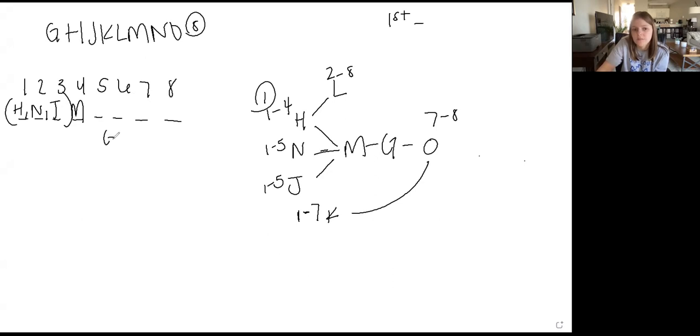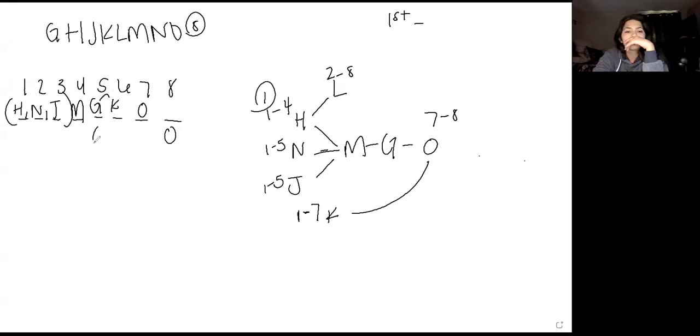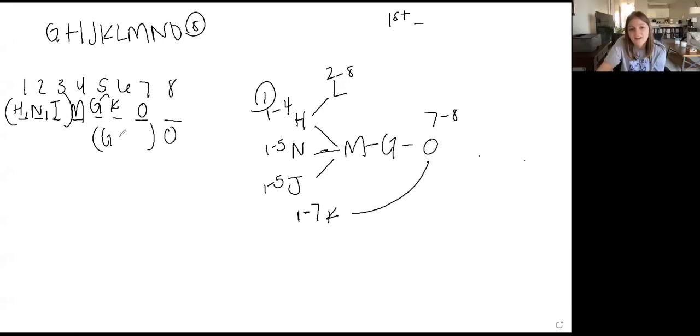G is going to have to be somewhere before O. K is going to have to be somewhere before O. I could also just look at my range: O is either going to be in 5 or 7 with G and K before O. And then L's kind of a floater.